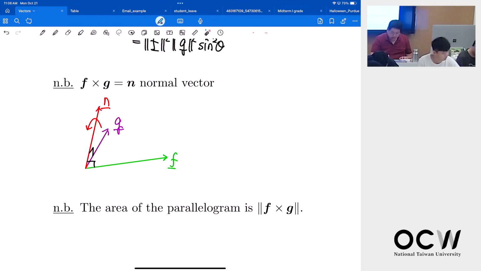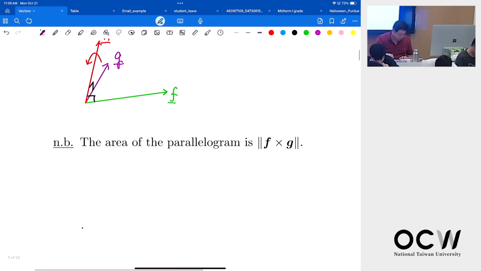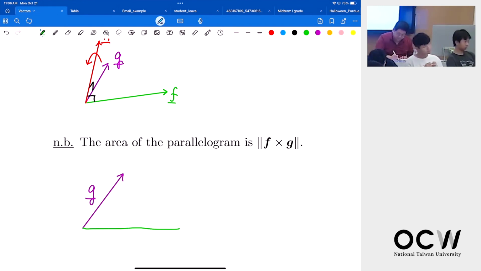The magnitude, actually the norm, of the cross product is the area of the parallelogram. Okay, so suppose this is g and here is f. Here's the theta.